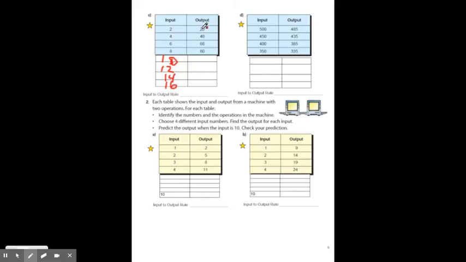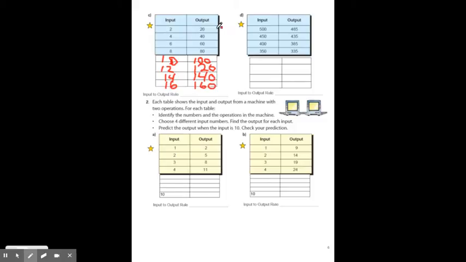Now, if I look at my output, it goes 20, 40, 60, 80. That's going up by 20s. So my next one is going to be 100 because 80 plus 20 is 100. All right, so now I add another 20, add another 20.